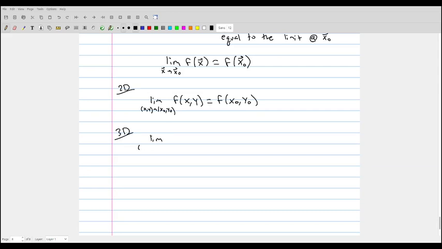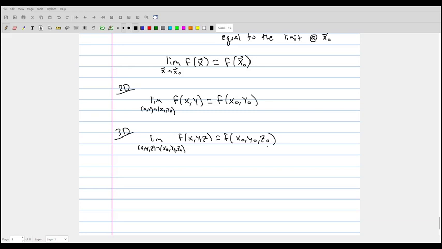You say that the limit as (x, y, z) goes to (x naught, y naught, z naught) of f of (x, y, z) is equal to f of (x naught, y naught, z naught). So it comes directly from the concept of the limit that we're talking about.